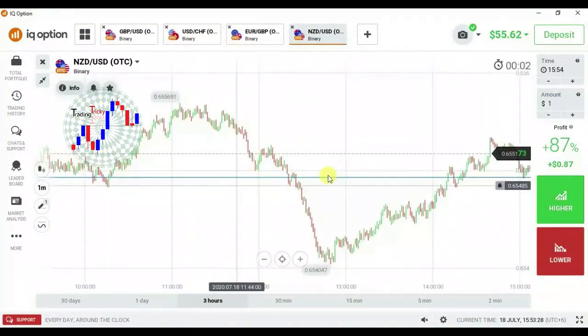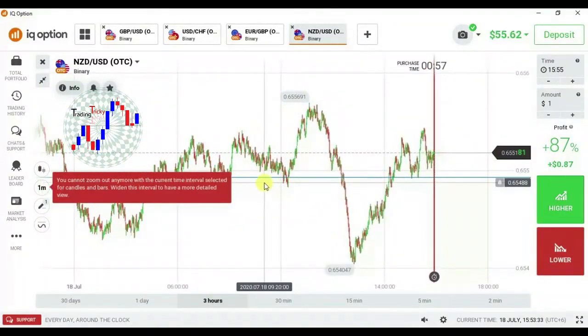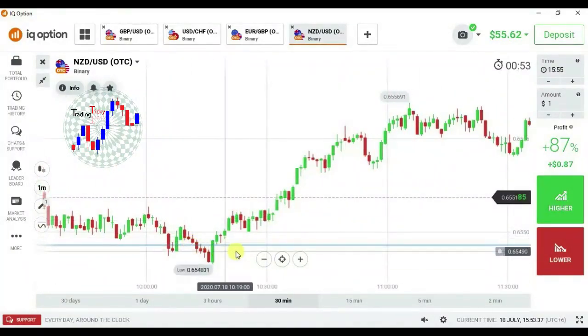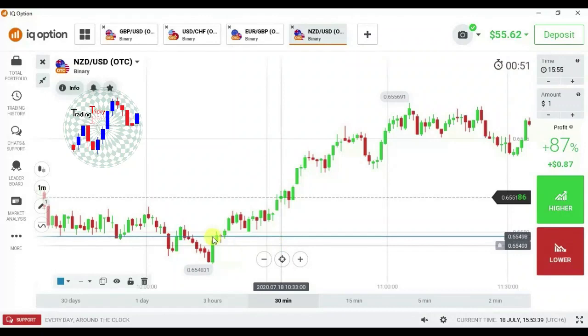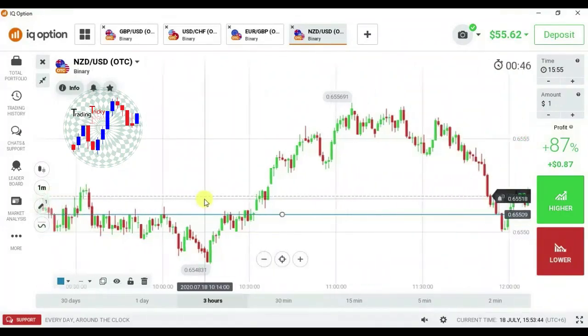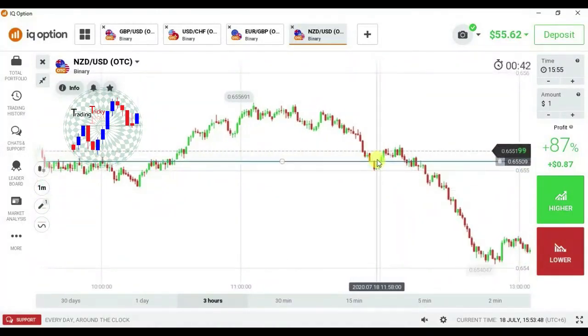Normally, when you see, for example, you are now here. So now your line can be, for example, this is a support. It's respecting. Here also it respected.